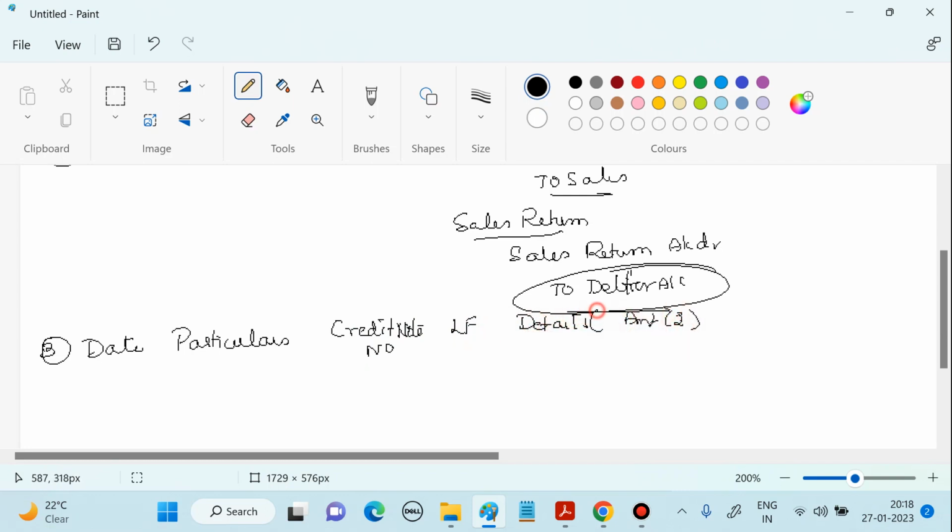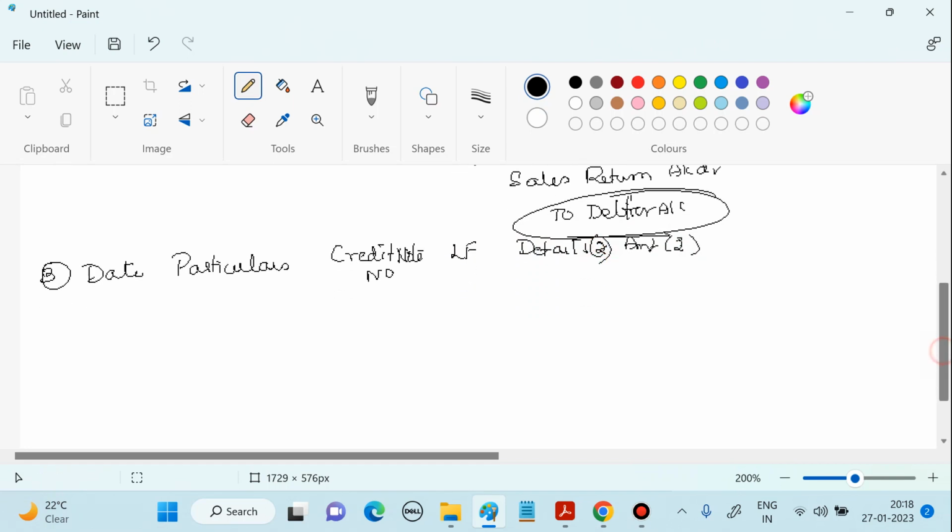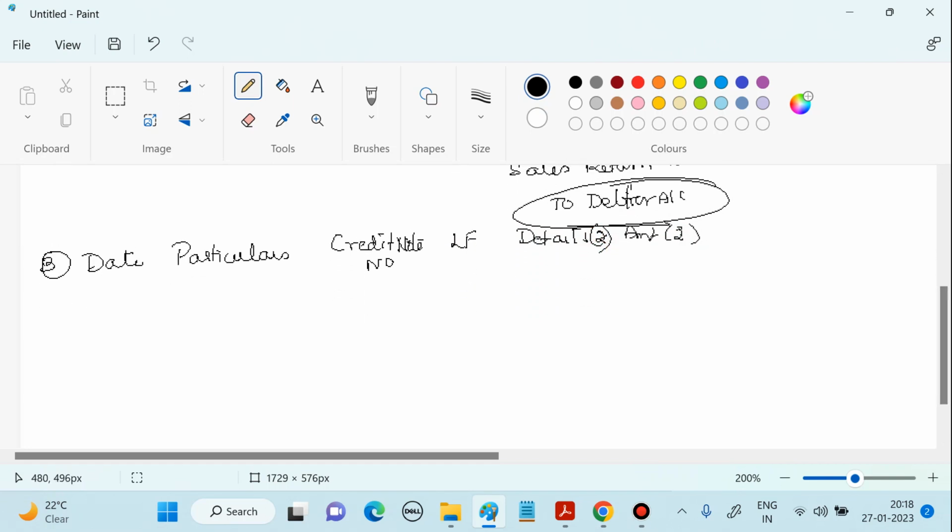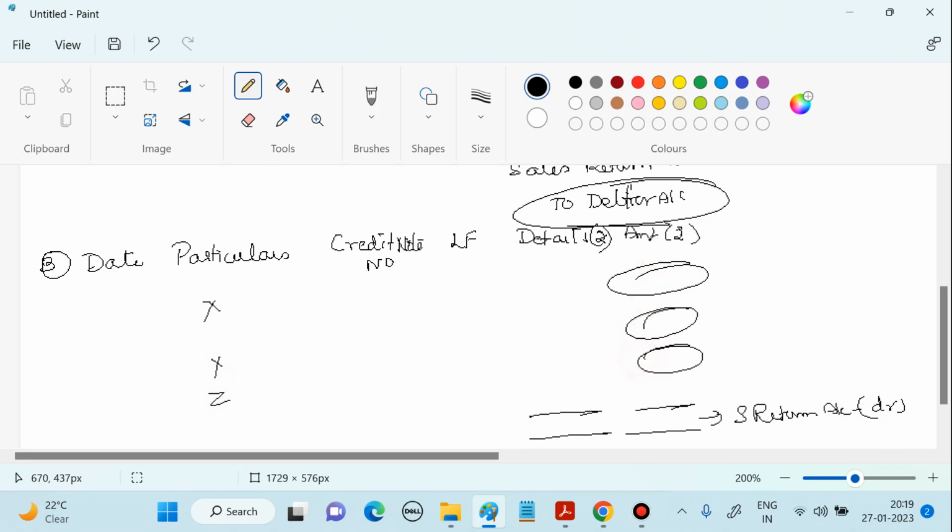The posting would also go in the same way. The total would go into the sales return account to the debit, and individually, whatever amounts you have would be going, and we'll write the ledger folio number here, into the debtors' accounts to their credit. Got it? Is the posting clear?